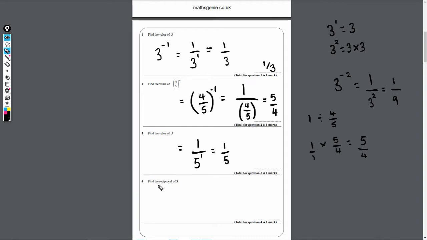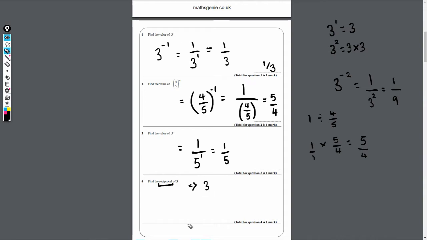Notice I mentioned this word at the very beginning, the reciprocal. That's just the idea of turning the fraction over. So if you've got the number 3 on its own, the reciprocal of 3 is done by flipping that fraction. Now you might be asking what fraction, because it's literally just 3 on its own. But remember, any number we've got, we always kind of have it as a fraction.